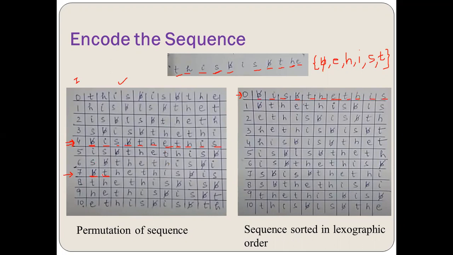This one is B bar, T, H, E, then I have T, H, I, S, B bar, I, S. I'm going to keep this as the same, only the position will be changed. So I have completed the first row also.